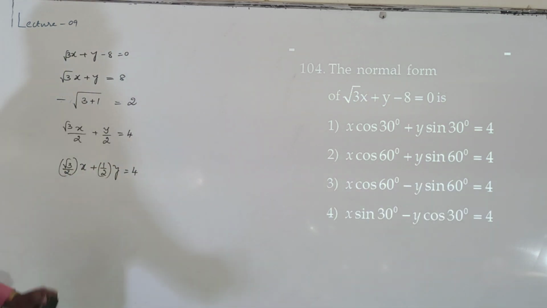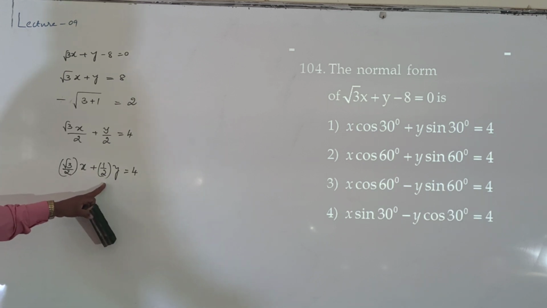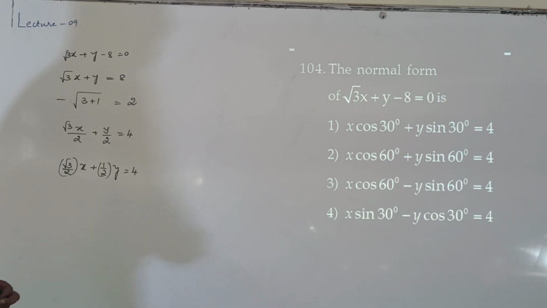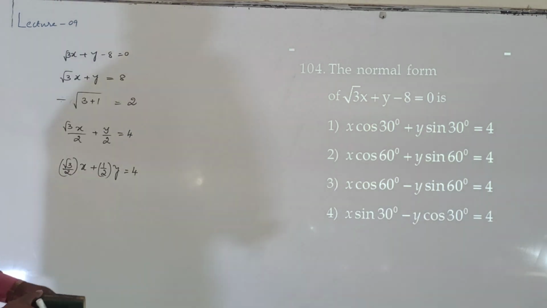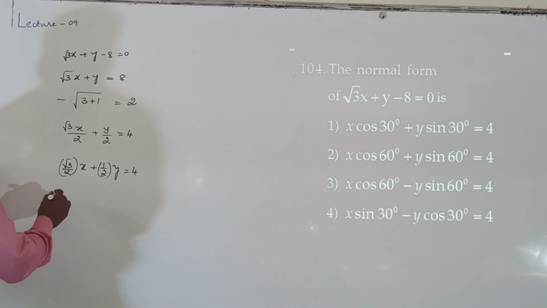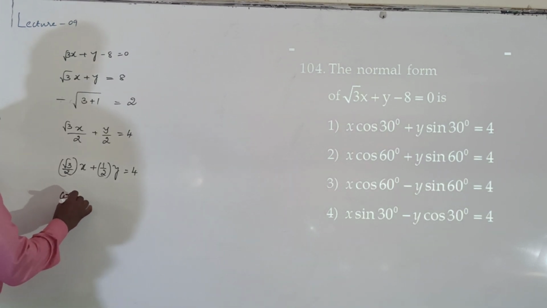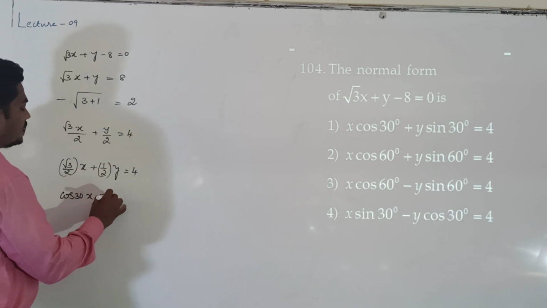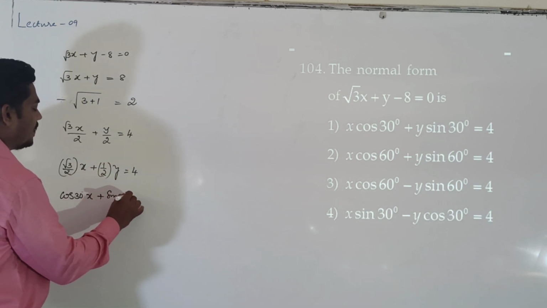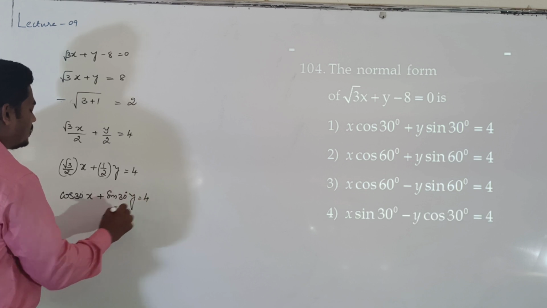Write root 3 by 2 in terms of some cos angle and 1 by 2 in terms of some sin angle, means cos 30 degrees into x plus sin 30 degrees into y, both are one and the same, that is equal to 4.